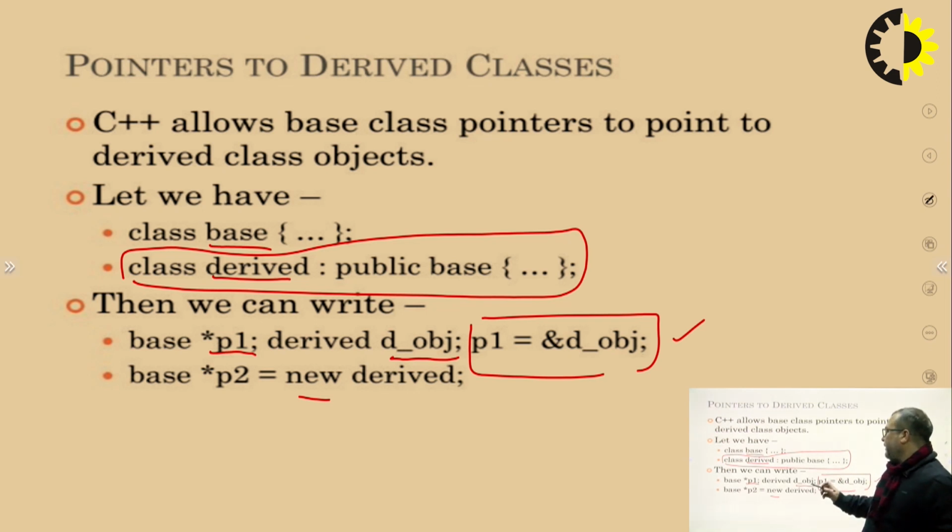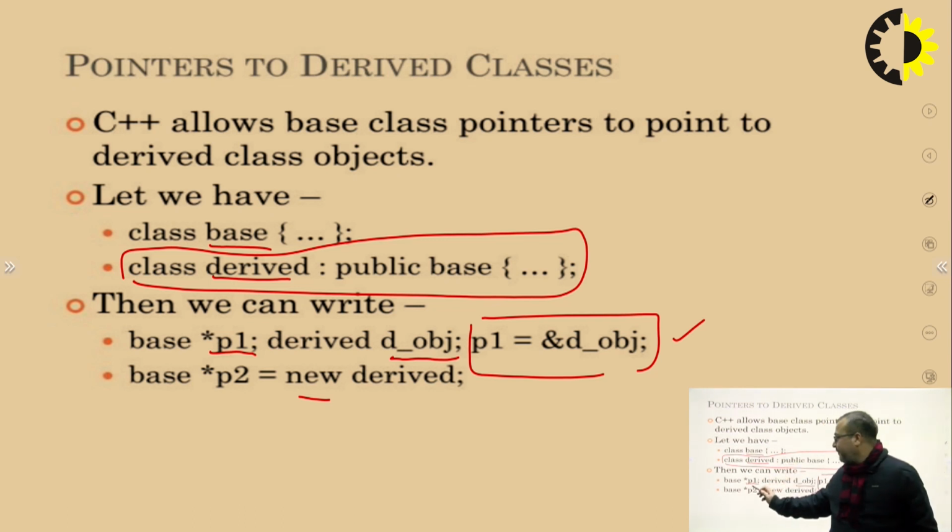So we can see that by using the pointer to the base class, we can assign the address of the derived class, but vice versa is not true. We cannot make a pointer to the derived class and assign the address of a base object into this pointer.